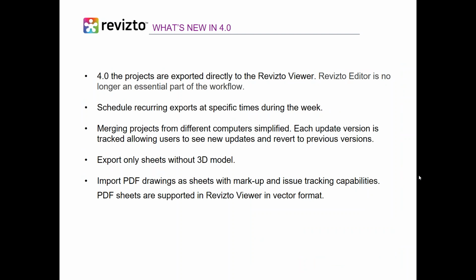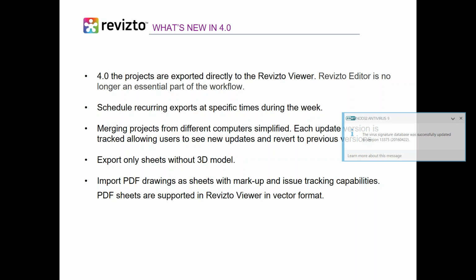So the 4.0, when I mentioned that you only work with the viewer, prior to 4.0, when you launched the application from the Revit environment or from the design tool environment, it went directly into the Revizto editor. We have taken that out of the workflow, so when you export the model or you launch the Revizto environment, it launches directly into the viewer.